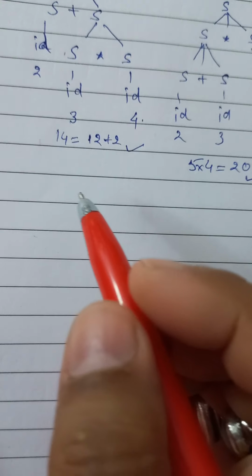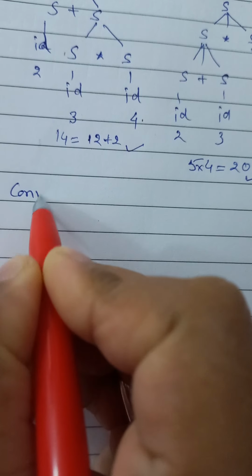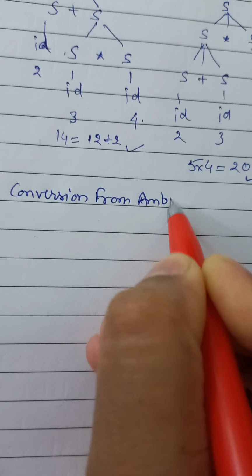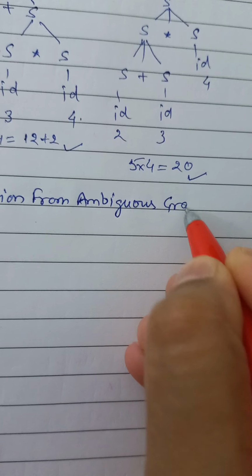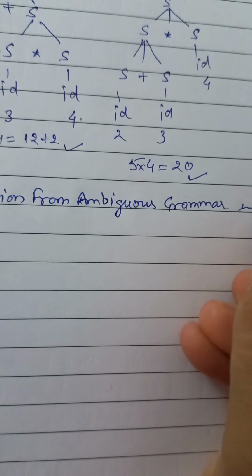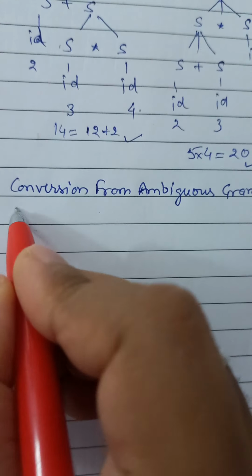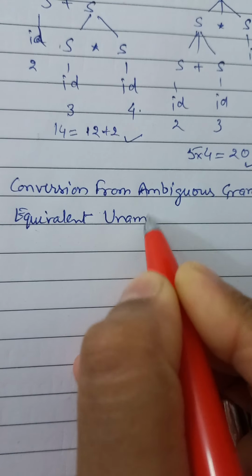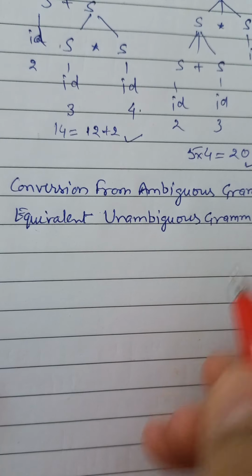Now how can we convert an ambiguous grammar into an equivalent unambiguous grammar? Let's see how we are going to do this.